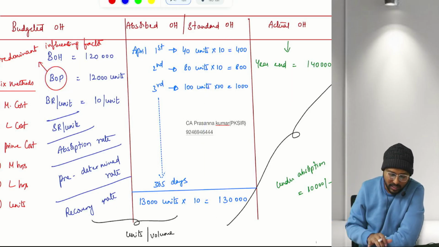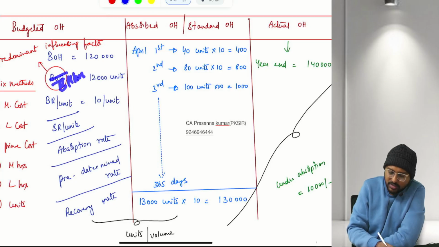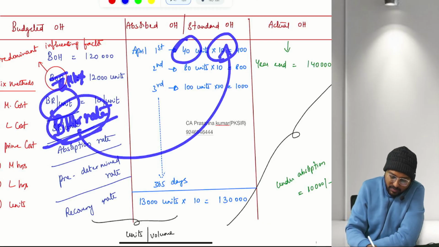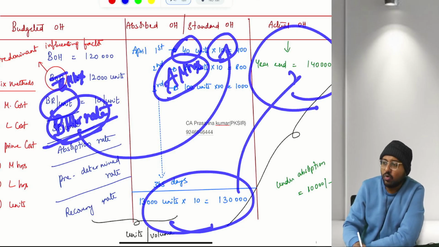Now let's change again. Suppose it is not labor hours, it is machine hours. Budgeted overheads divided by budgeted machine hours gives the budgeted machine hour rate. You will multiply this with actual machine hours, and then you will get the actual absorbed overheads. Then you will compare with actual overheads at the end.